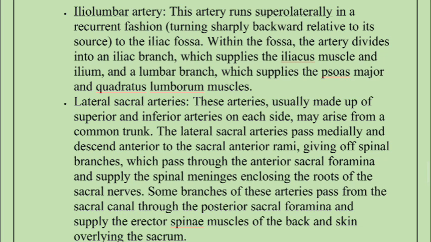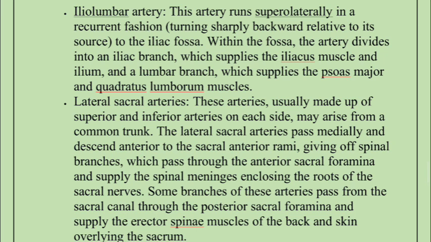So the lateral sacral artery is the last of the three arteries you have coming from the posterior division of the internal iliac artery. What about the lateral sacral arteries? They are usually made up of superior and inferior arteries on each side.